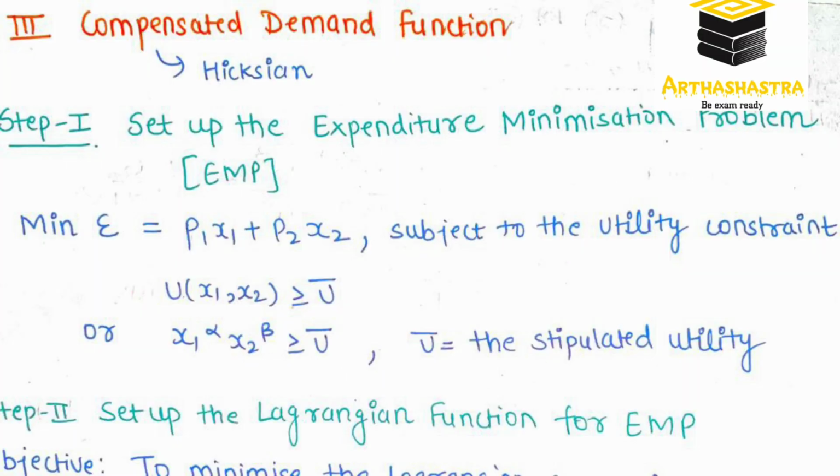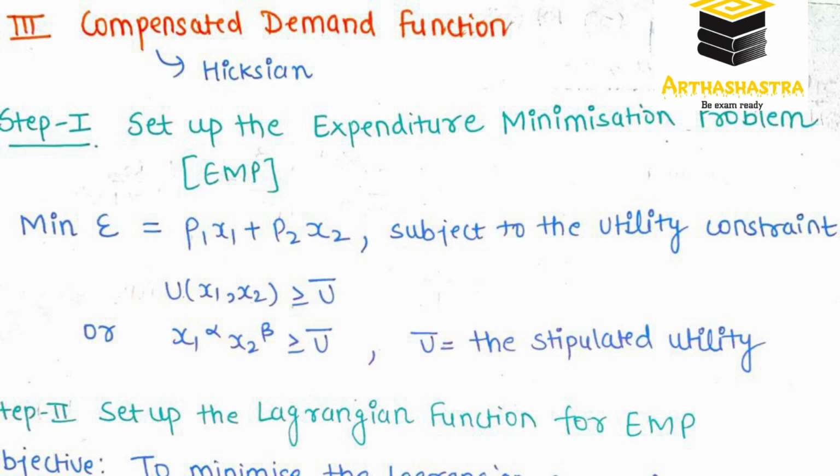So we set up the minimum expenditure equals P1 x1 plus P2 x2 subject to the utility constraint. Here the constraint is of utility, and in ordinary demand functions the constraint was of budget. His expenditure was the constraint and the objective was to maximize utility. Here his constraint is utility and his objective is to minimize the expenditure.